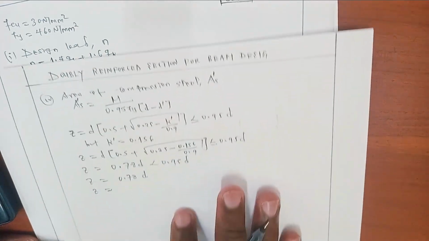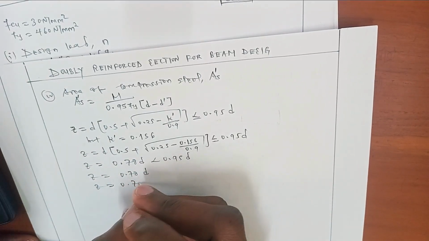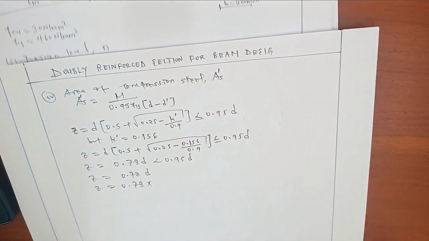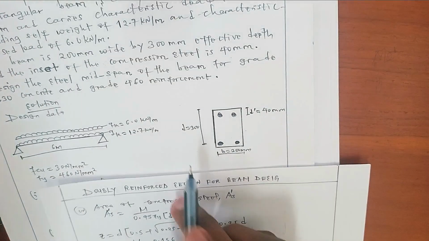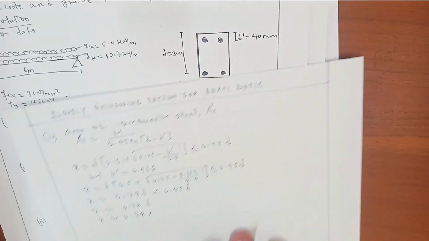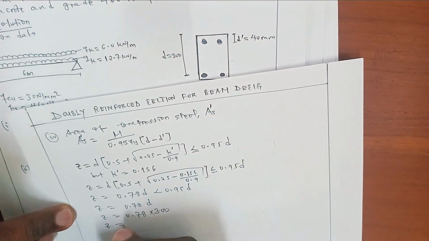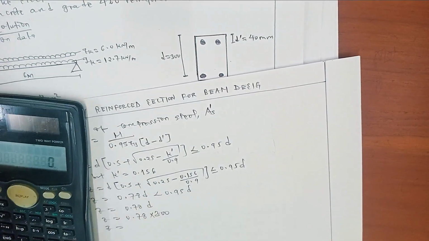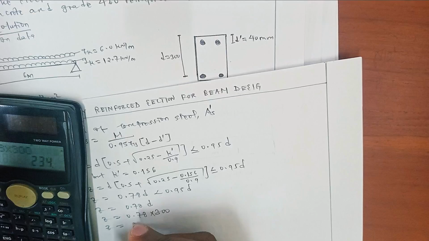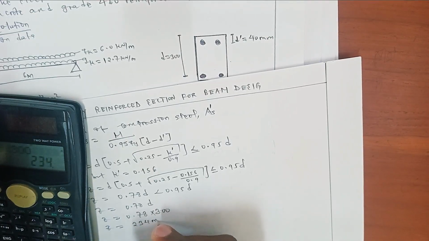Therefore, Z will be equal to 0.78 times effective depth. Our effective depth we were given, which was 300. So we multiply by 300. It will be equal to 0.78 times 300, which is 234 millimeter.